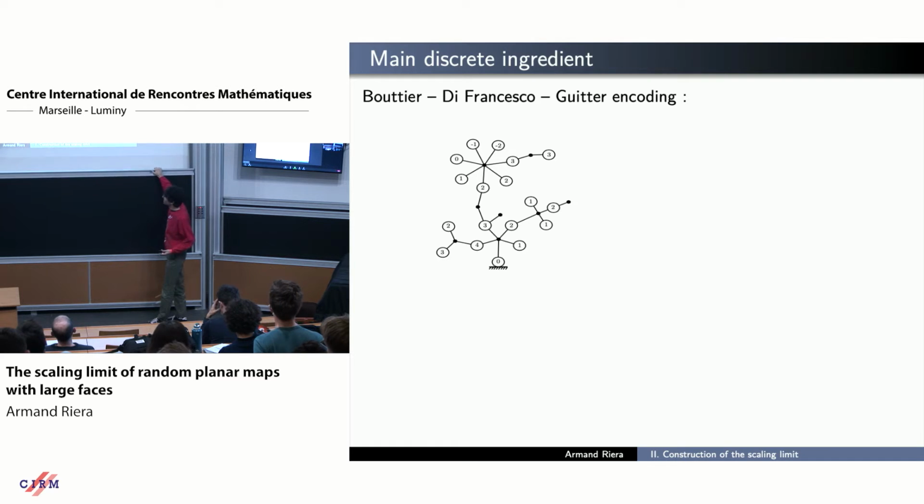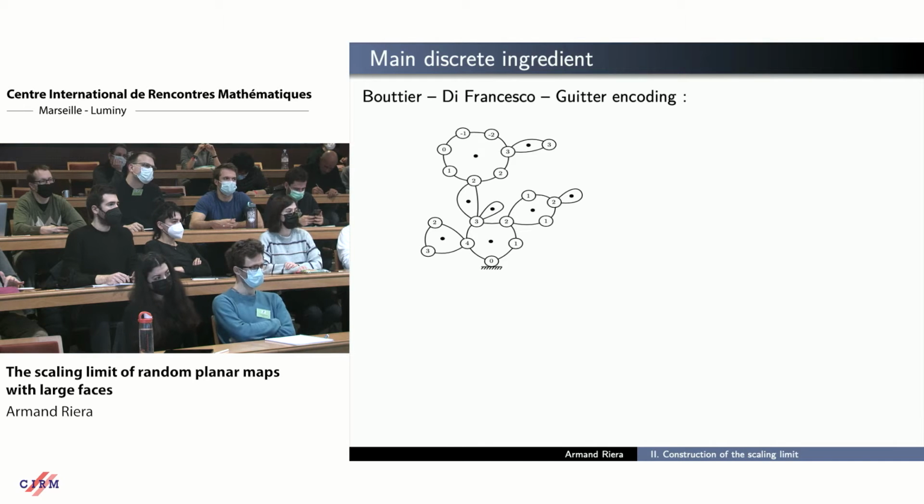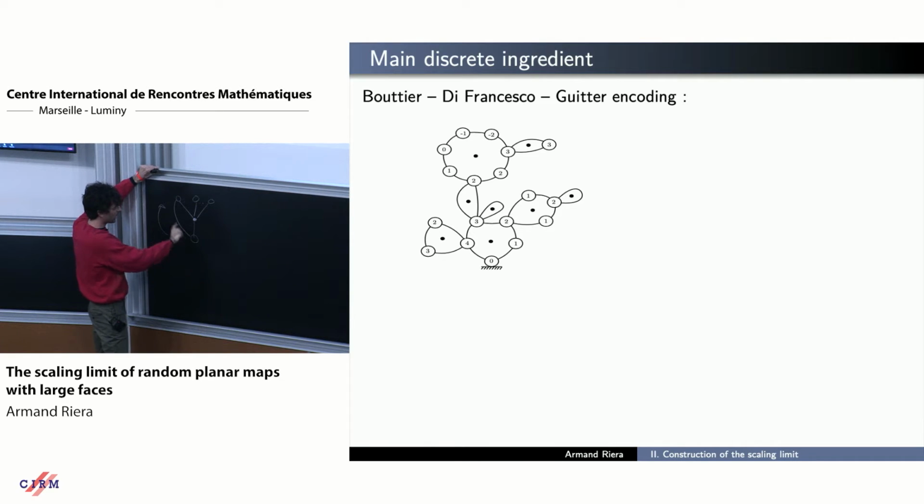The only thing I'm going to do is, for every black vertex, consider all the white vertices around it, following the orientation of the plane. And the only thing I'm going to do is just to connect every white vertex with its neighbor. So I'm just going to do that.